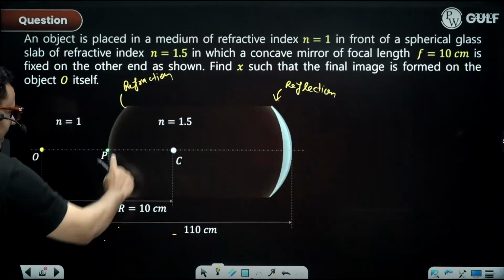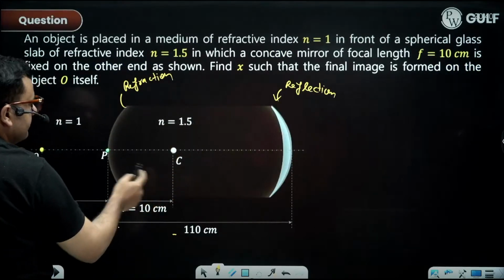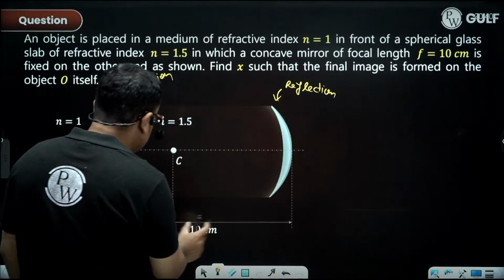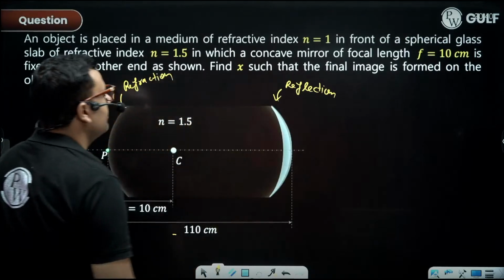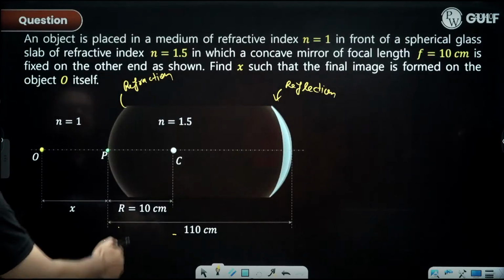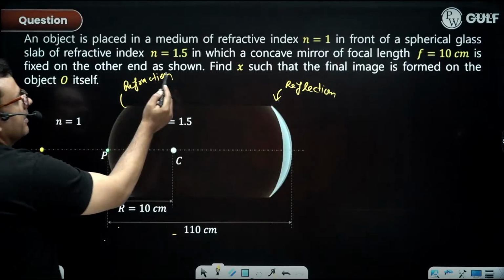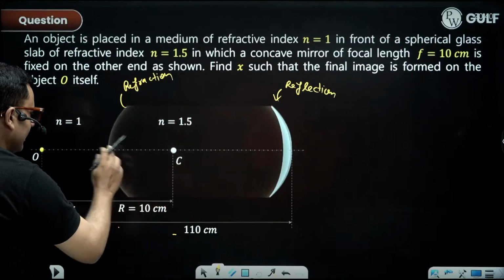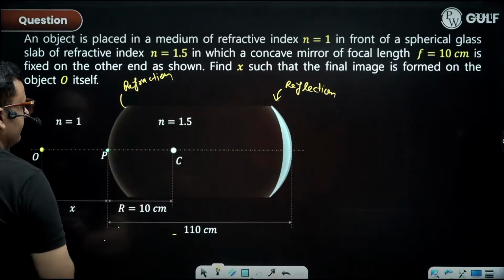Now you can see it's also a glass slab. The length of the glass slab is 110 centimeter. Is it clear or not? And they're saying that on the other end, we put a concave mirror. So it means this is your center.